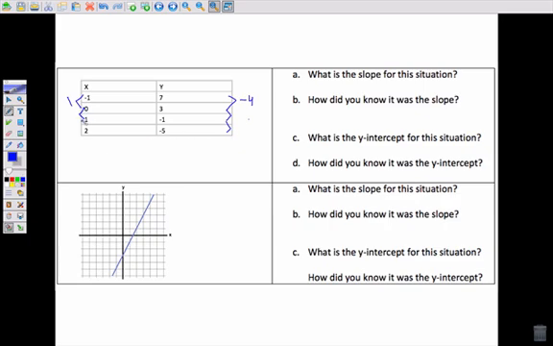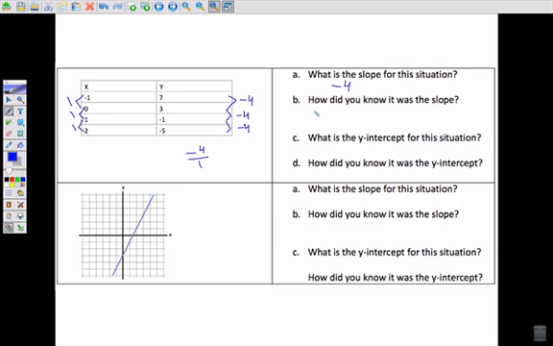That same thing happens for the next two rows. So again, the y decreases by 4, the x increases by 1. So what is the slope for this situation? The slope would be -4.